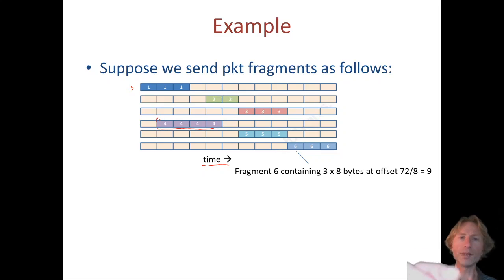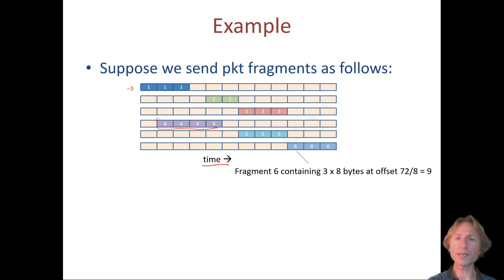It sends fragment 2 a little while later, but it overlaps with fragment 4 partially. It sends fragment 3 together with fragment 5 with complete overlap, and then it sends fragment 6 after that.